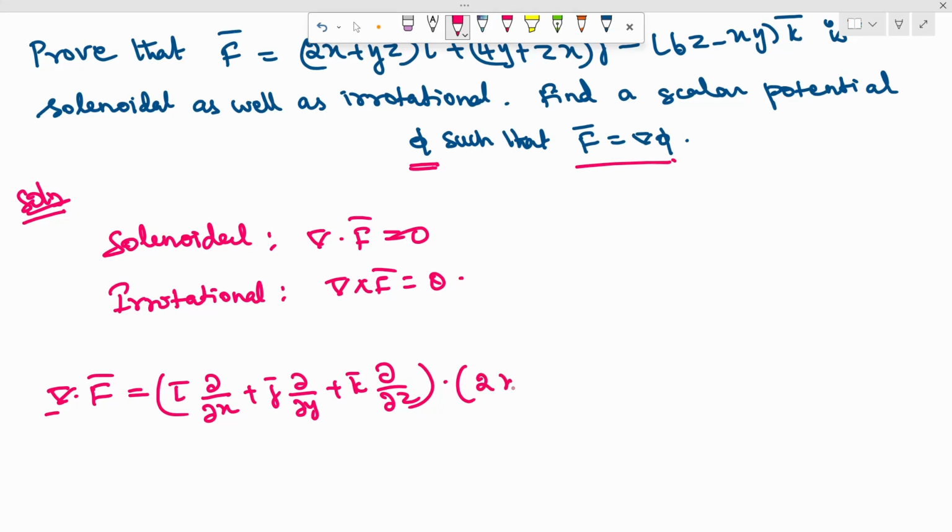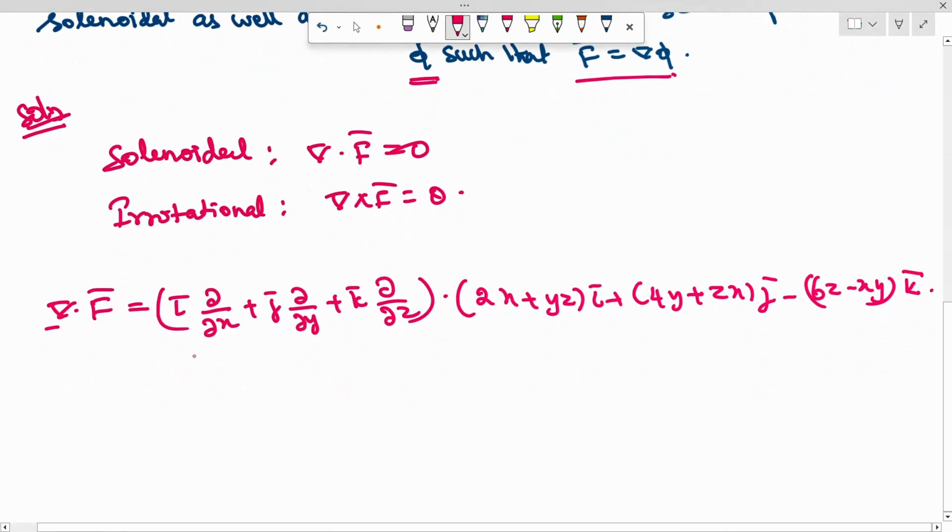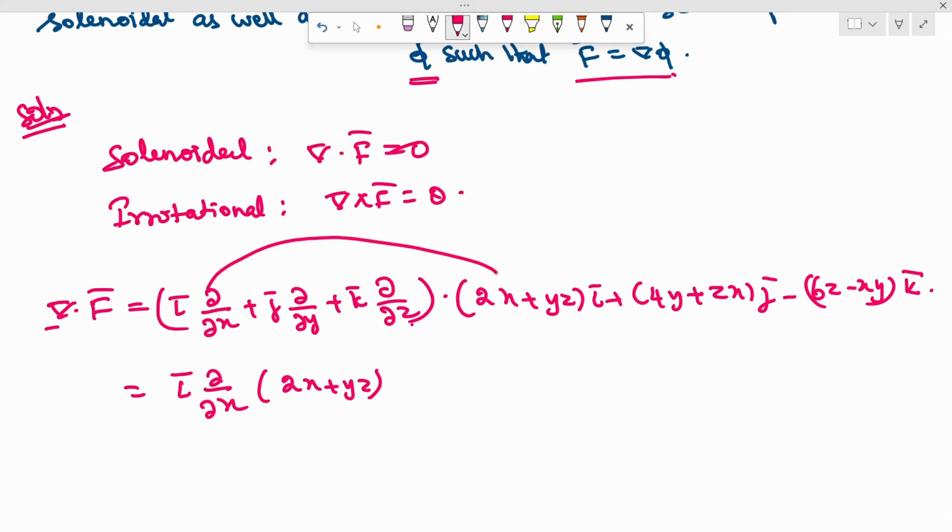Given F vector is (2x + yz) i plus (4y + zx) j minus (6z − xy) k vector. Now we are going to multiply these two terms. Taking the dot product, we will get i vector into dou by dou x of (2x + yz). This into this means i dot i value 1.